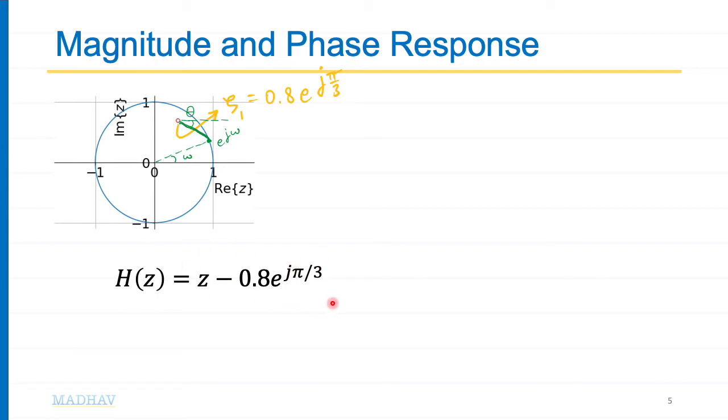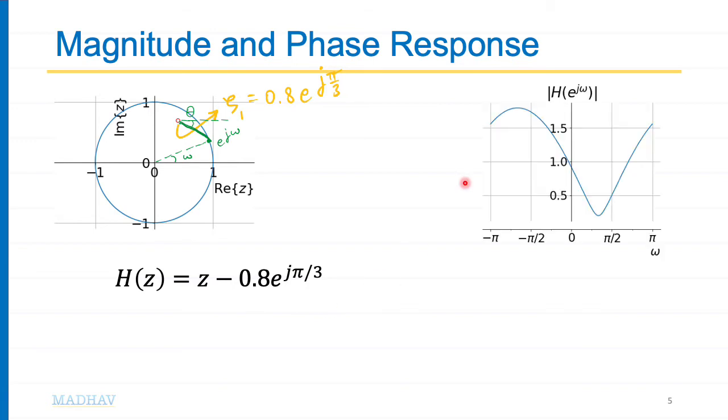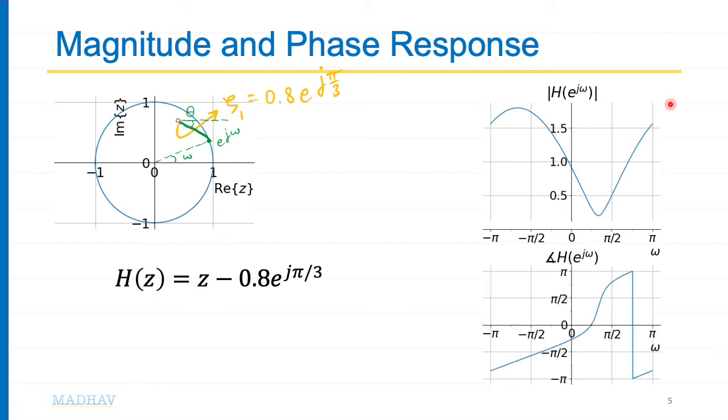Now I have this part, which is the magnitude response. You remember that this is what we got around pi by 3. The magnitude was very small, 0.2, and then it increases. And now what does the phase plot look like? See, at 0 it is negative, and somewhere here it becomes 0 and it increases.